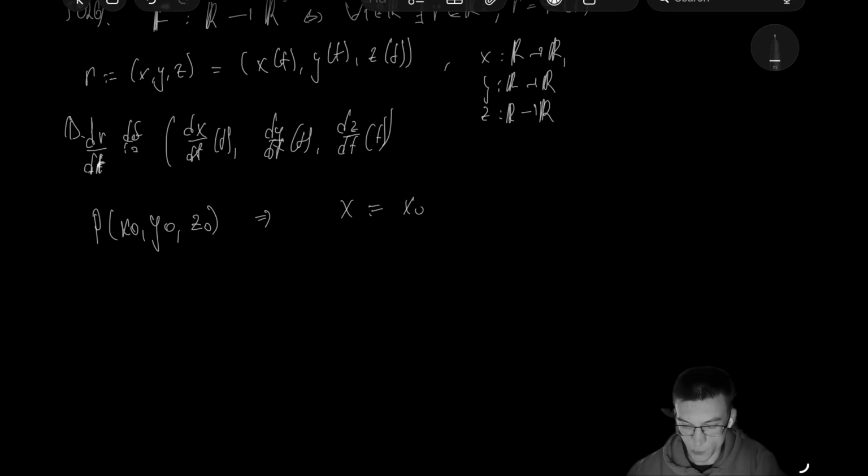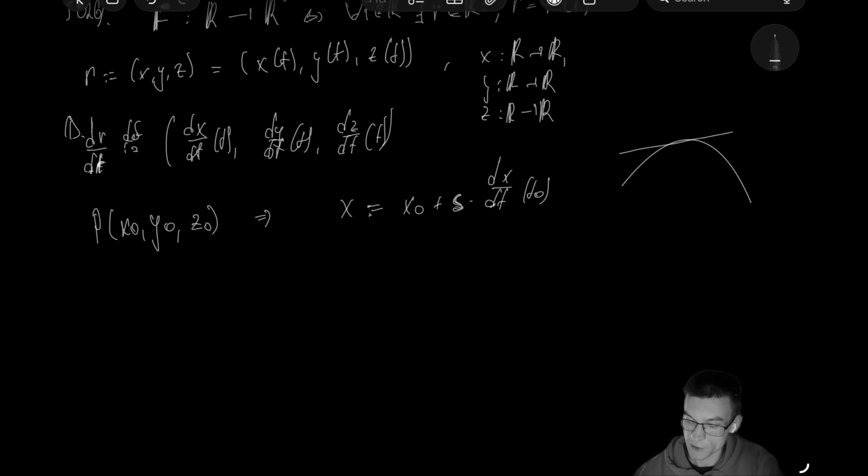Then for our line, we have x0 plus some parameter value multiplied by the coordinate of this radius vector derivative, which is dx over dt. And this derivative should be taken at t0 because this is the exact point where we need to find it.